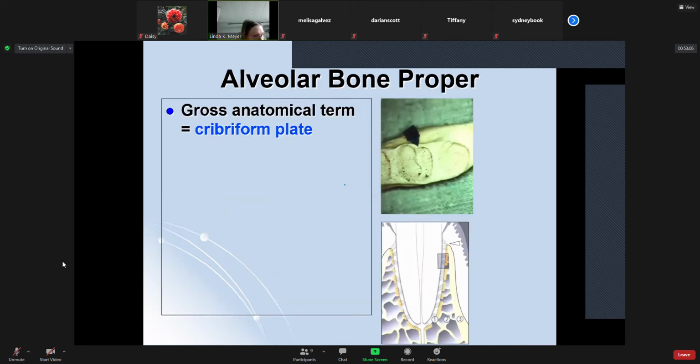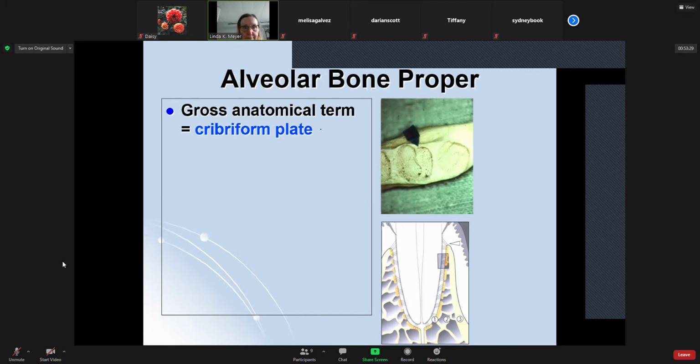Okay, but going back now to the second and third page of the outline, we're going to be looking at this diagram again, and then the diagram at the top of page 3.